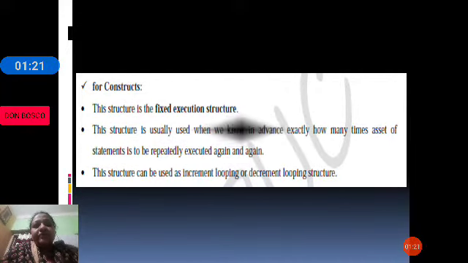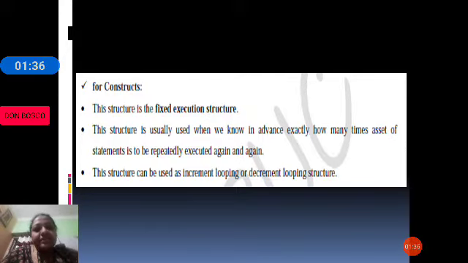So, here we have the for construct or for statement. For is a looping construct, and as I told earlier, there are two types of looping constructs, that is conditional and unconditional. This comes to the category of unconditional looping constructs.